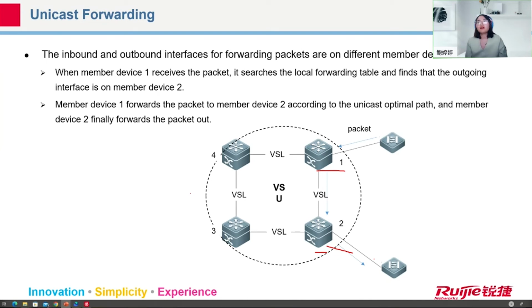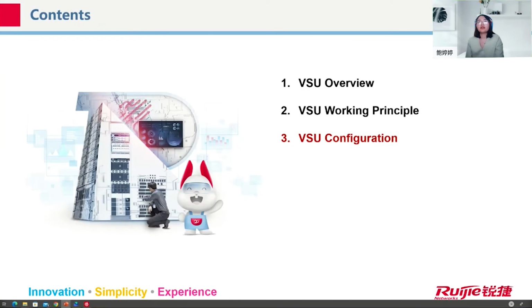So the cost value will only be 1. And if you use RIP as the dynamic routing protocol, the hop count will only become +1, not 2, because this is a logical device. That is unicast forwarding.